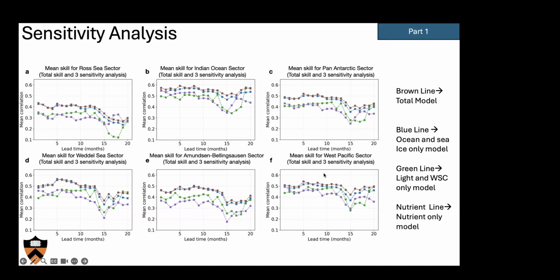But in the West Pacific sector, you can have a very similar skill by looking at the green line and the blue line, while it completely drops the skill if you use the AB sector. So our conclusion for this part was that this increase in NPP can actually be predicted, but ocean dynamics is an important contribution to this, followed by light-related quantities.